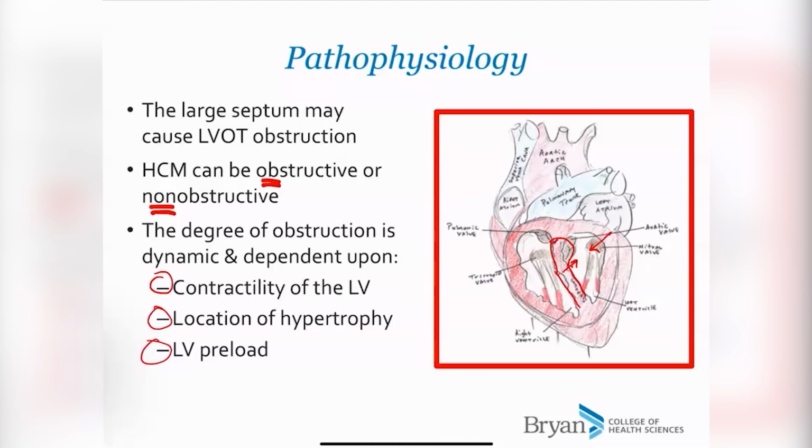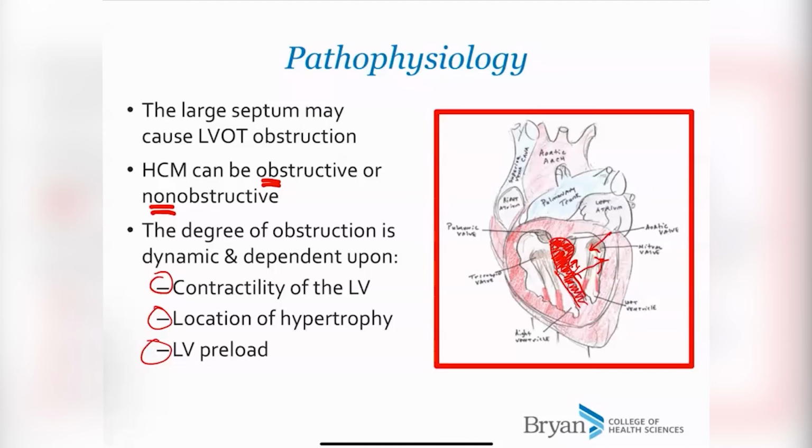So you can see that this interventricular septum that's larger produces a problem because it basically takes up space inside our interventricular cavity. And so that is going to create a situation where we're not going to be able to fill the left ventricle as much as we could.